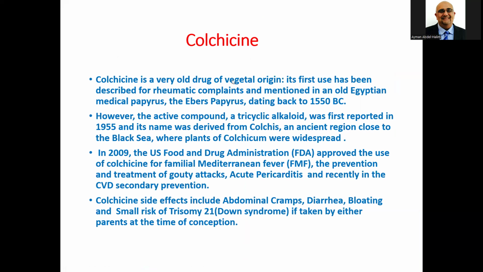It basically originates from plants, and its first use has been described in rheumatic complaints and mentioned in old Egyptian medical papyrus, Ebers papyrus, dating back to 1550 BC. However, the active compound, tricyclic alkaloid, was first reported in 1955, and its name was derived from Colchis, which is an ancient region close to the Black Sea, where the plants of colchicum were widespread.